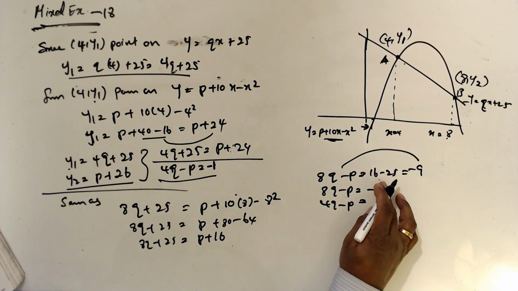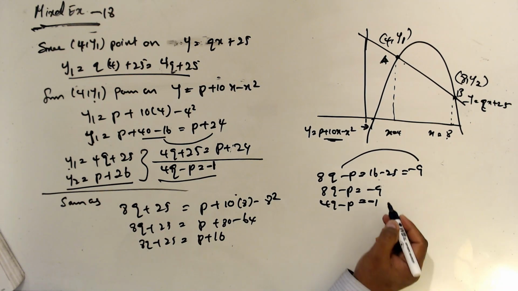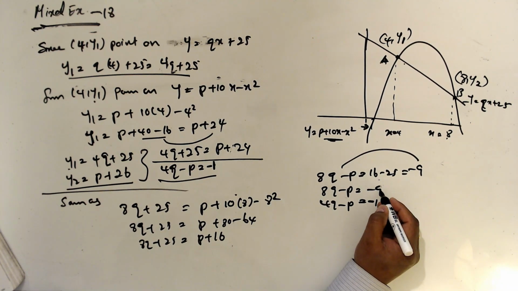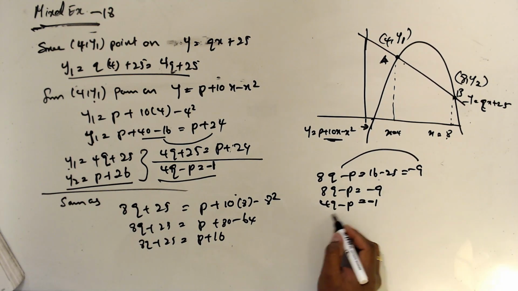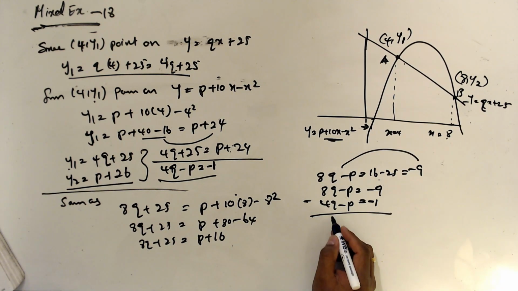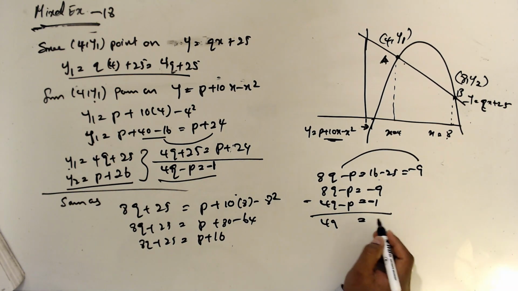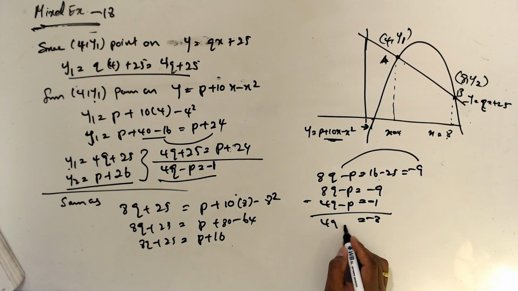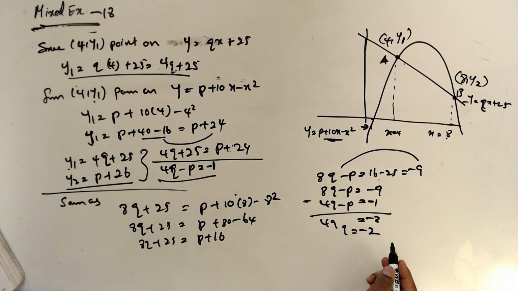And this is minus 9. So when we subtract those two, 8q minus 4q becomes 4q. This is cancelled out. Minus 9 minus minus 1, this is going to be minus 8. So q equal minus 2.